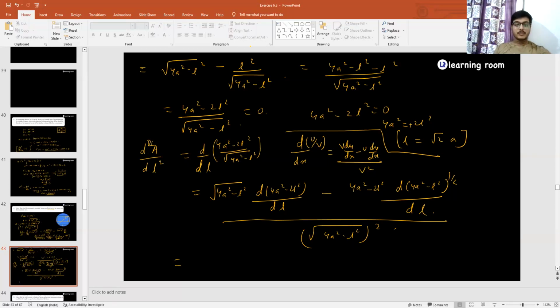I'm doing it. From there, what do we get? We get root under 4a square minus l square, and from this differentiation we get minus 4l, minus of 4a square minus 2l square.